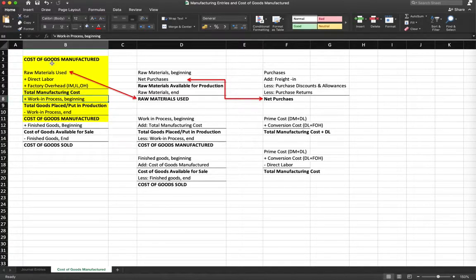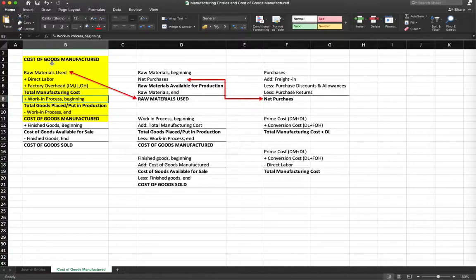Siyempre, meron din tayong work in process beginning. So, total manufacturing cost for the period, plus, meron kasi tayong mga work in process beginning. Yan yung mga goods in process na natira last period. Diba, meron tayong mga nilalagay sa production.